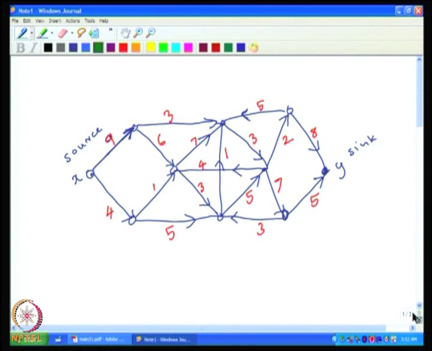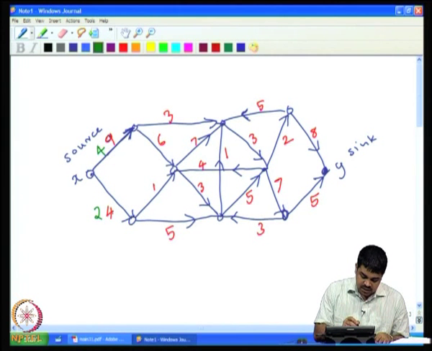So, in this network we can define a feasible flow. Say for instance, I am using the green color to indicate the flow values here. For C this is less than 9, and here we can have say 2. This is less than 4, therefore the capacity constraint holds, and also it is greater than or equal to 0. Here I put 1, good.